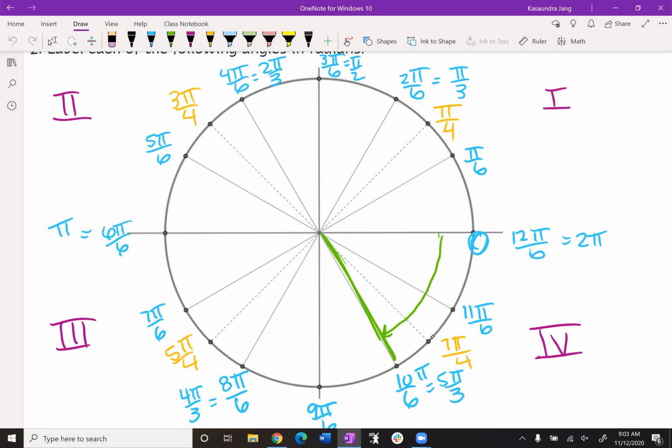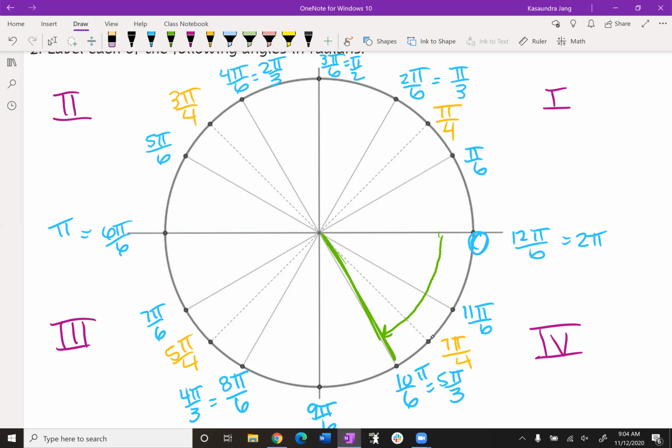So your negative pi thirds plus 2 pi is going to end up with your 5 pi thirds. So that's what we actually had here, was the 5 pi thirds. So if you want to turn it into a positive angle, you could add a full circle, add your 2 pi, so not multiply, but add your 2 pi, and you can land in the same spot. Yeah, that works.